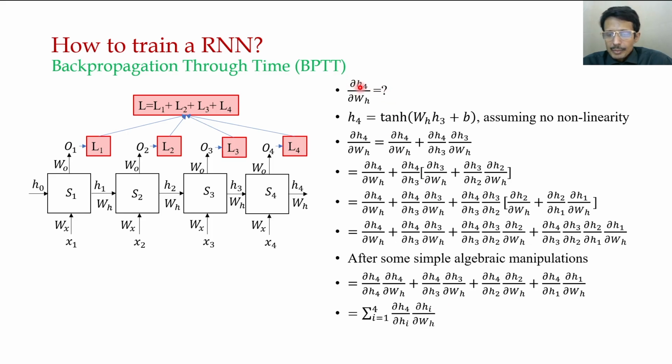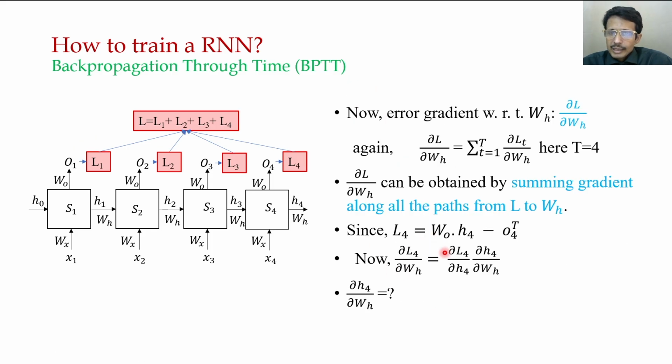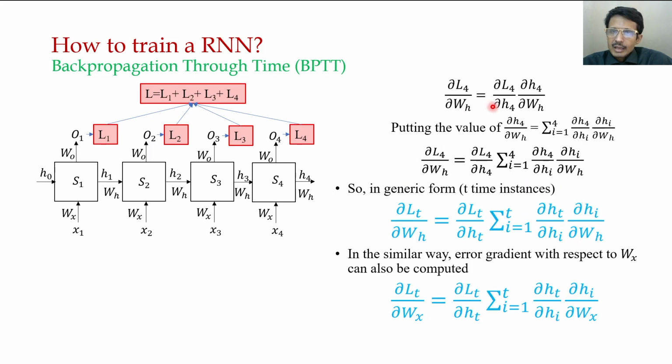Now what do we do with this? We have to put this in, because del L4 by del WH is del L4 by del H4 into this. Initially del L4 by del WH was del L4 by del H4 times del H4 by del WH. Putting in the value of this, what do we get here?